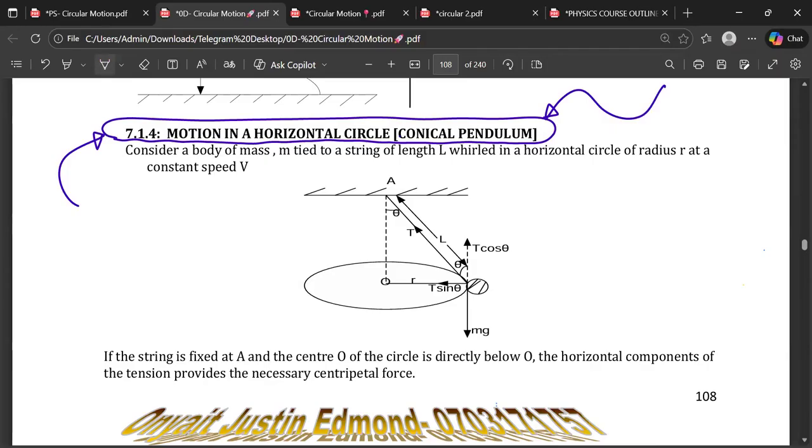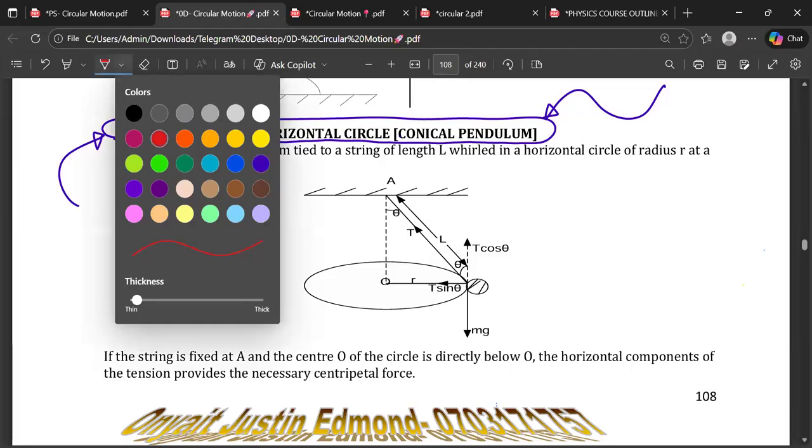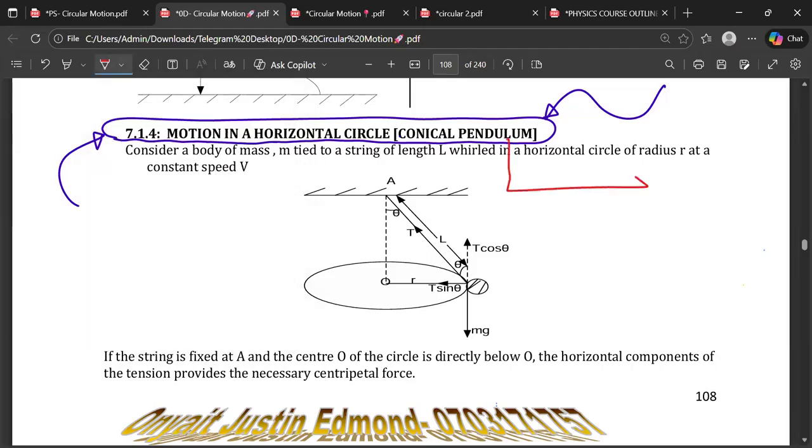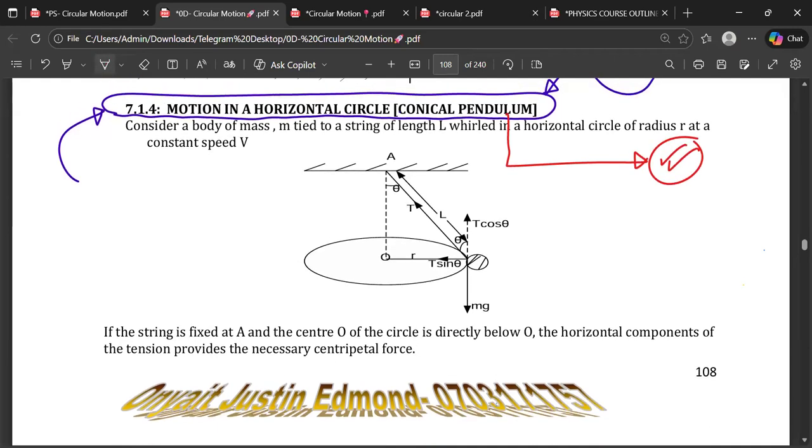So I'm going to first give you the basics of the horizontal circle today because it's not hard. But you should get your pens and books ready because I'm going to dictate some work. The next time we shall handle the complex horizontal circle, which is the conical pendulum. But for today, we are going to talk about the basics of the simplest horizontal circle.